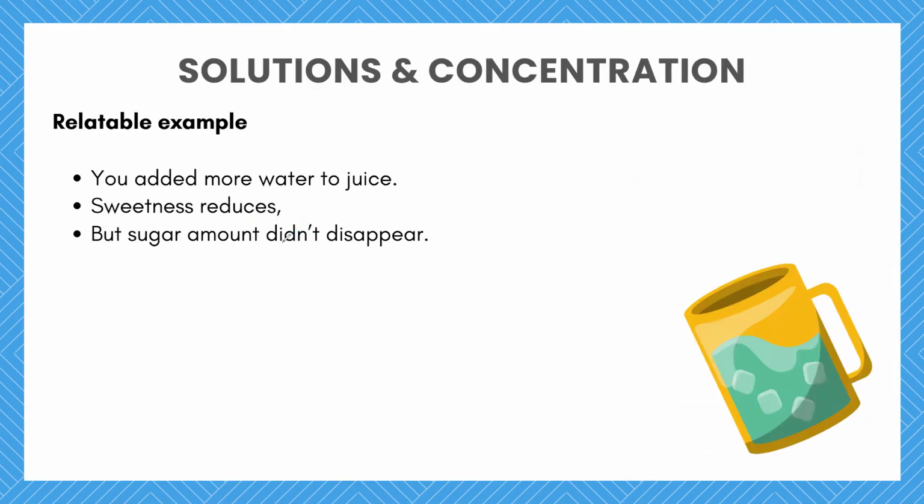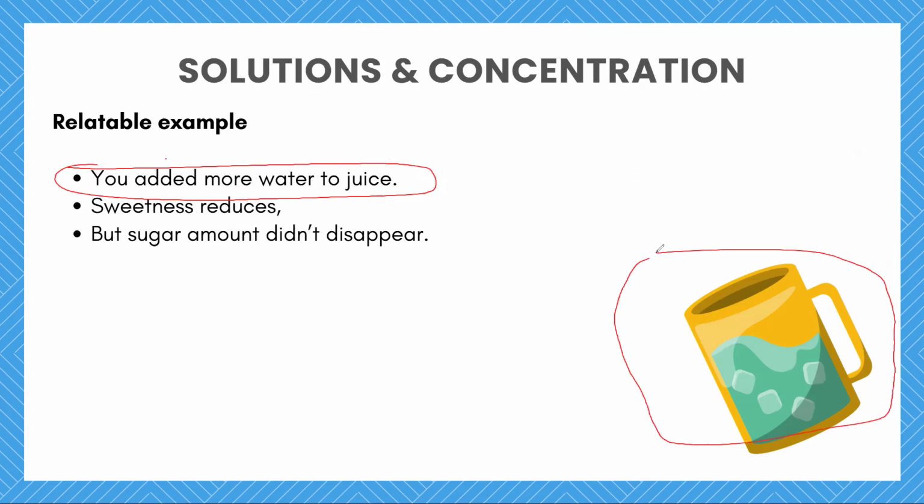Now let's solve a question to put into practice what we have just talked about. But before we do that, here's a relatable example to help you digest what I just talked about. Let's say you added more water to juice. Okay, I have a cup of some juice here on the bottom right part of my screen. When you add more water to juice, what happens?